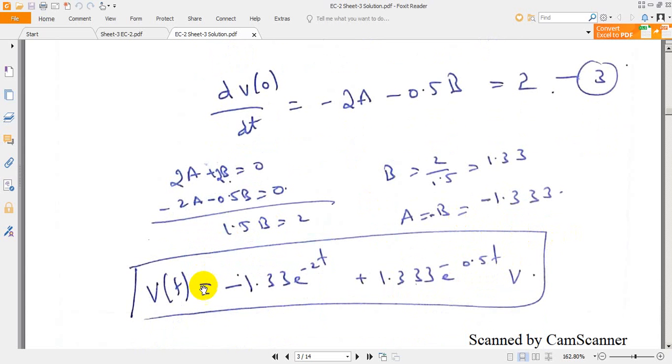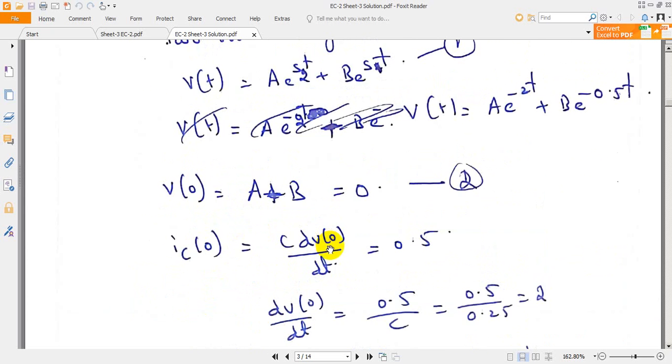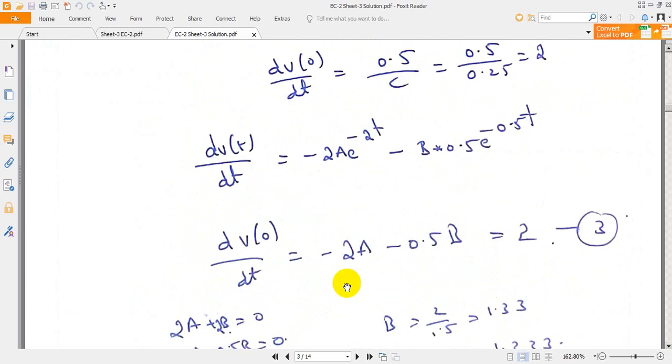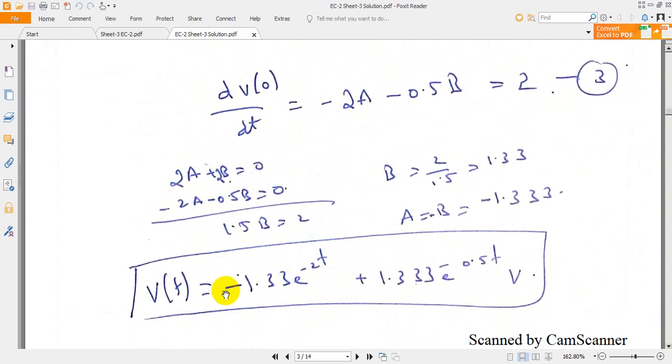The complete expression of v of t can be written as v of t is equal to minus 1.33 e power minus 2t plus 1.33 e power minus 0.5t.